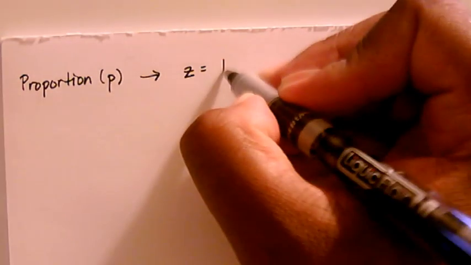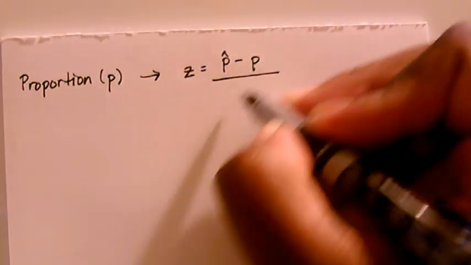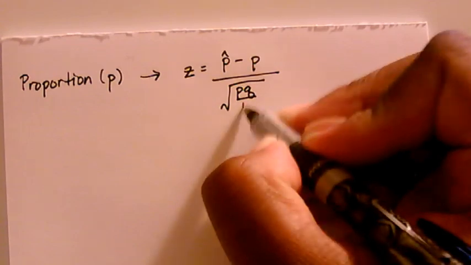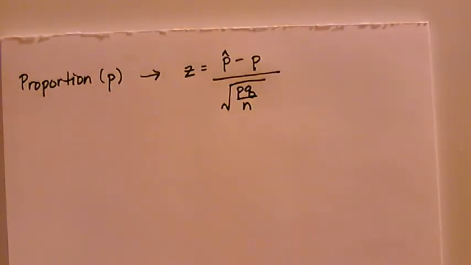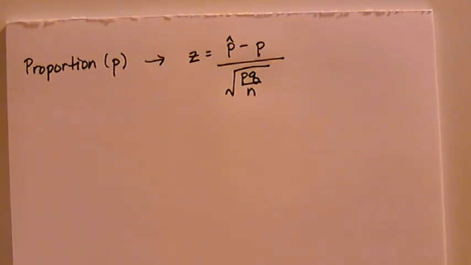Z is equal to p hat minus p, that's divided by the square root of p times q over n. Now we'll go over each one of these individually in later videos, but I just want to introduce those 3 different test statistics to you.